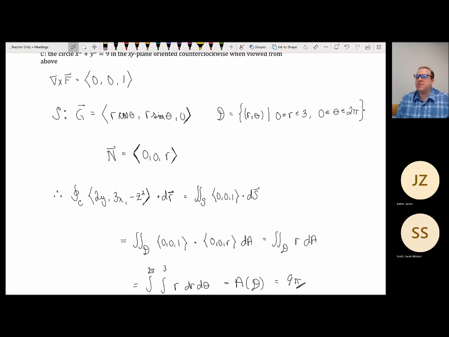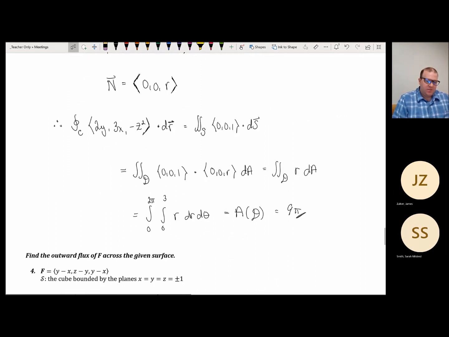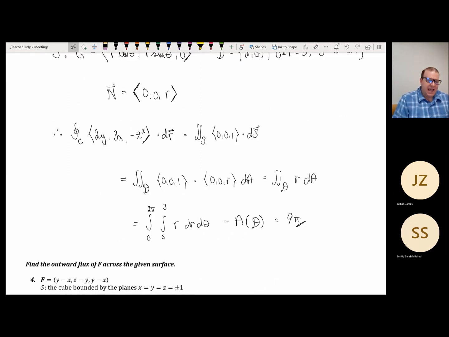No, it still would have been 0, 0, 1 instead. And then the double integral would have been set up, like I said, as the double integral over the domain of just dA. You would have no r, which you get when you convert it into polar. So it all works out in the end.